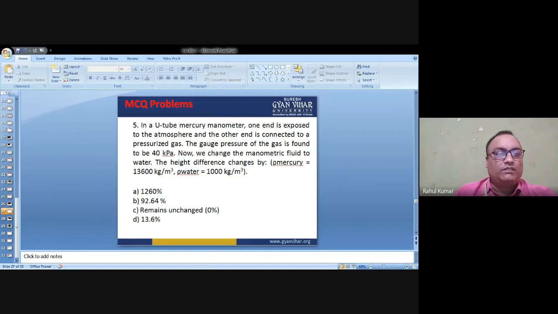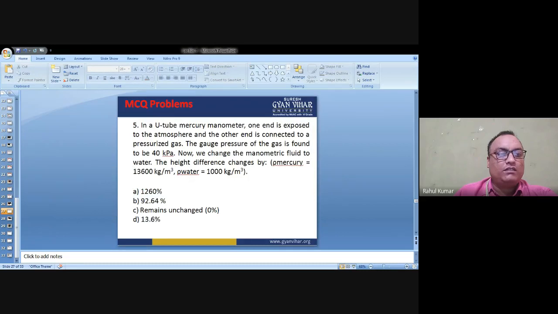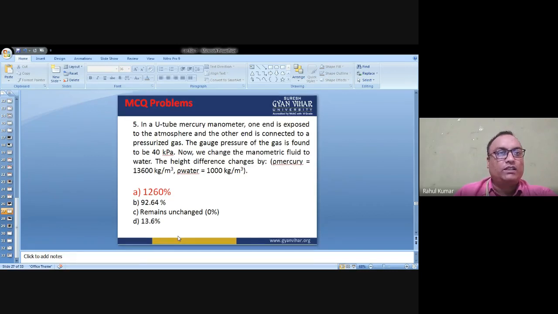Solve this question and it gives the correct value, 1260%. This is the correct value. Then move to the sixth question.